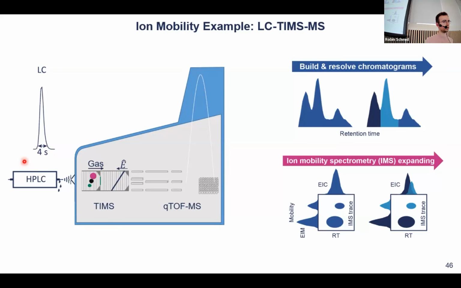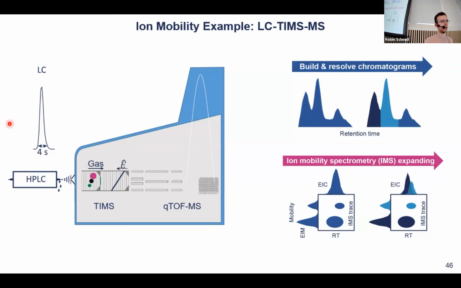If we imagine chromatographic separation, our peak has a width of, I don't know, 4 to 5, 6 seconds, depending on how fast your LC is. And then for our mass spectrometer, for example QTOFs, one transient takes around 100 microseconds. So there are a few orders of magnitude between those two time frames, and the ion mobility separation fits in nicely between them.